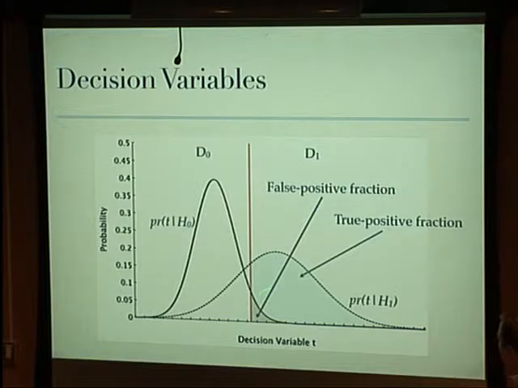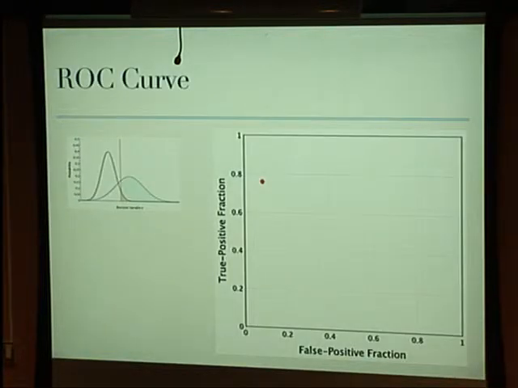I can plot these two fractions in what's called ROC space. Here's the false positive fraction, the true positive fraction. I get one point in what's called ROC space, receiver operator characteristic space. It's from the radar literature in the 50s. That's for one particular threshold.